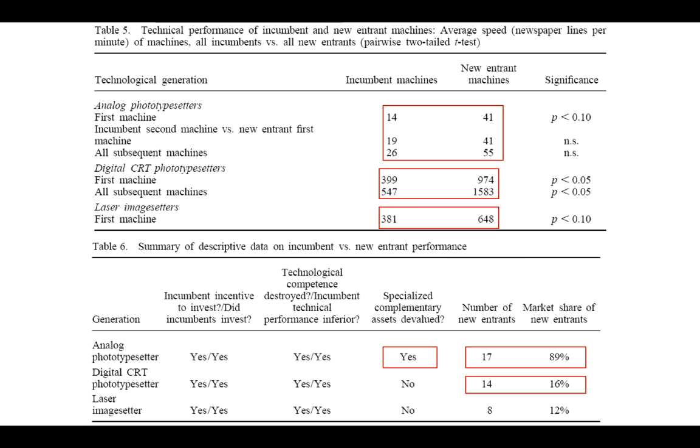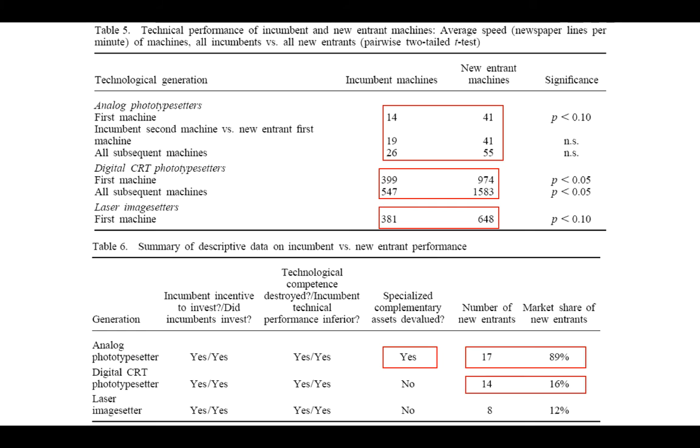An important reason for that is that the specialized complementary assets were not devalued. The established firms had their sales and services networks, their manufacturing engineering, and the font libraries, which sheltered them from the forces of creative destruction.